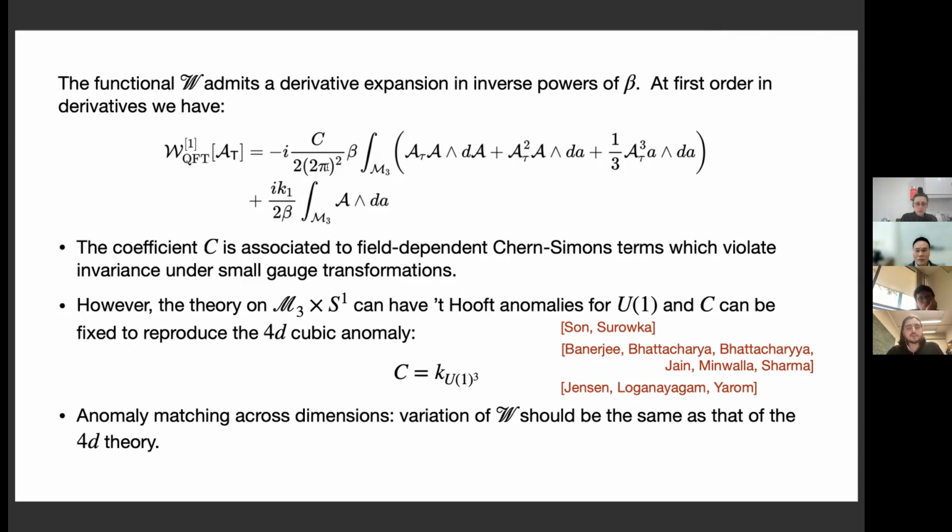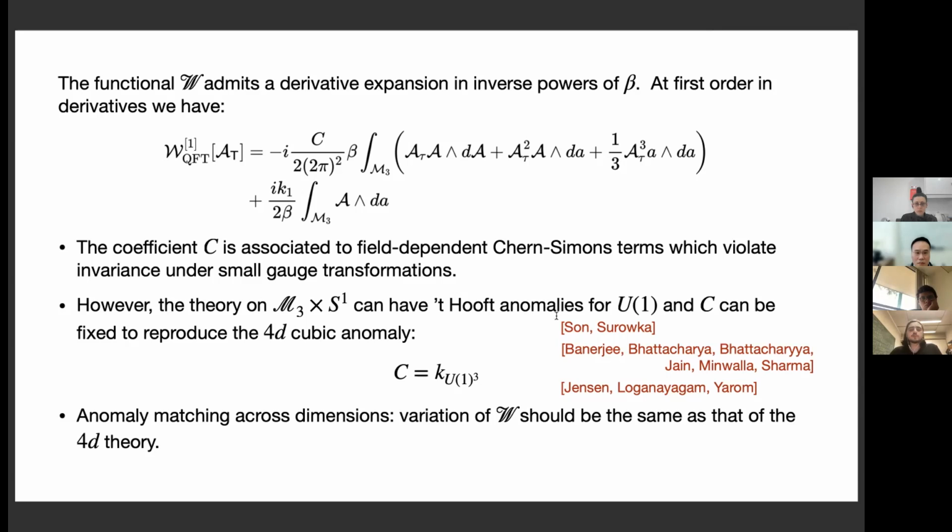The term with coefficient C is associated with these Chern-Simons terms, but it's problematic because this A of tau here is a general function on the base manifold, and so all these terms are not invariant under small gauge transformations. So a priori, this term looks problematic in the effective action. However, there is an interesting twist in this story that comes from the fact that the 4-dimensional theory we begin with on M3 times S1 could have a 't Hooft anomaly for the U1 global symmetry.